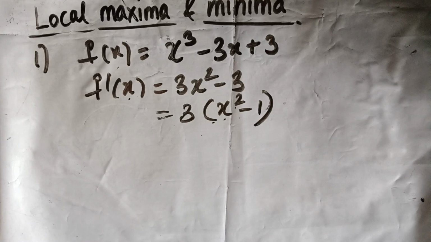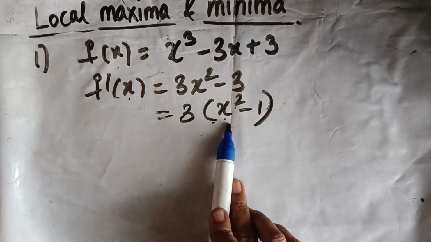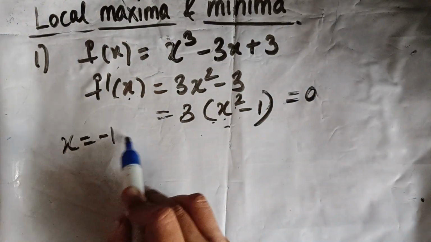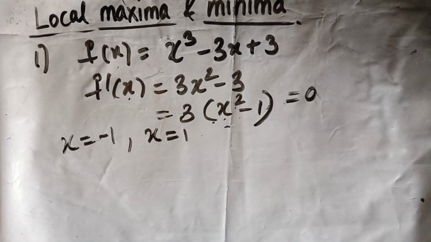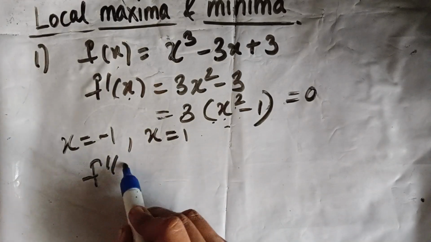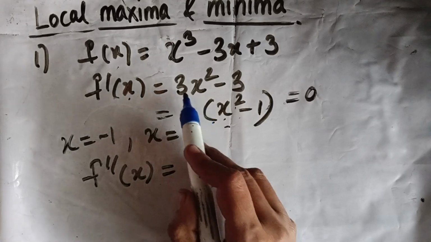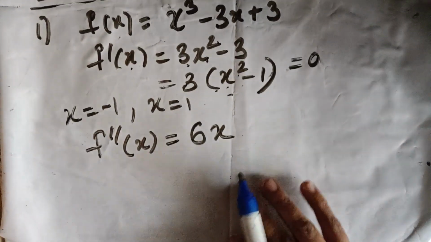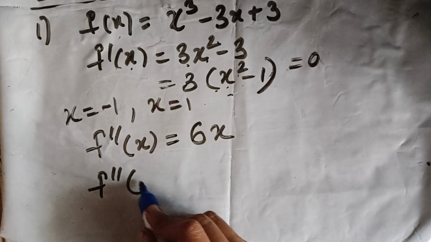The same question we'll solve using the second derivative test. So we have got f dash of x. Putting it equal to 0, you will get x equal to -1, x equal to 1, the critical points. Now you have to differentiate it again. So we get 6x. Now you have to put the points.